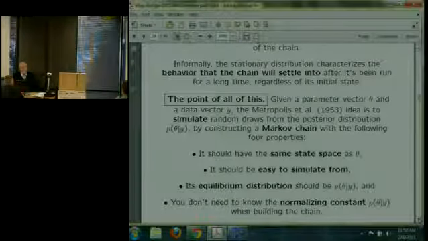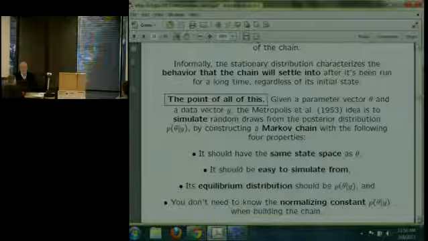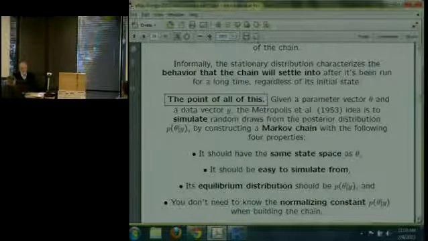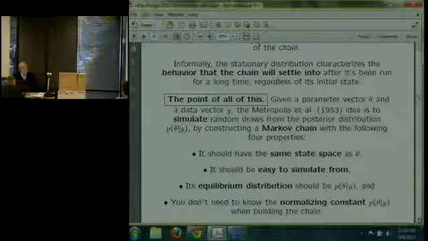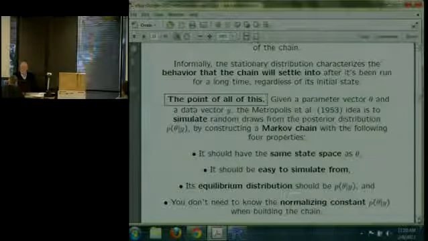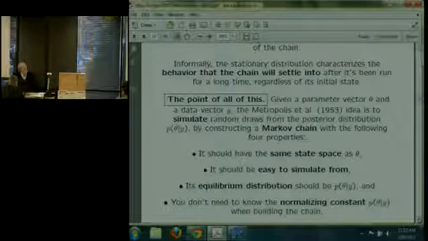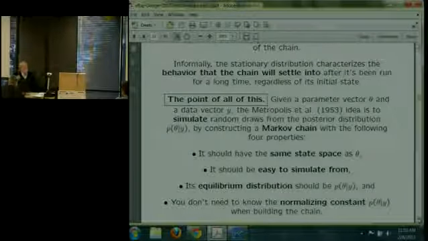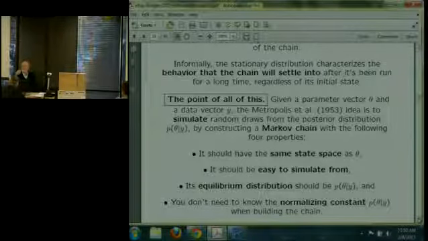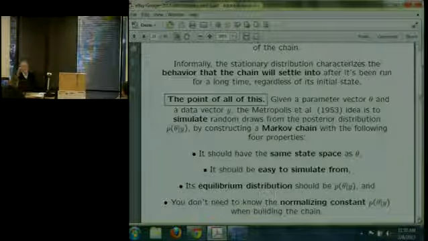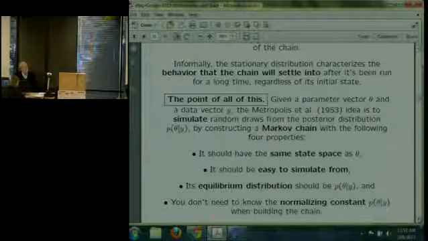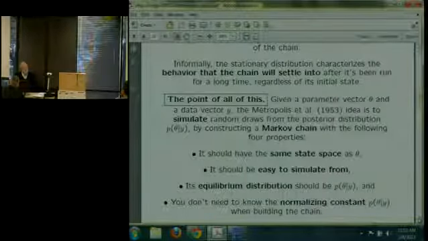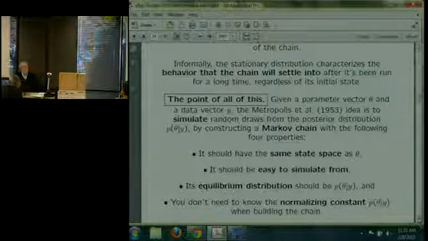If we can somehow set things up so that the envelope function is the target distribution at a different point, then we'll be evaluating a ratio of the target distribution at two different points, and what will happen to the normalizing constant? It'll cancel, right? If I'm able to somehow set the algorithm up so that the acceptance probability is driven by the height of the target at one point divided by the height of the target at another point, then it doesn't matter whether it's normalized or not, because whatever constant you would have had in there would have canceled anyway.